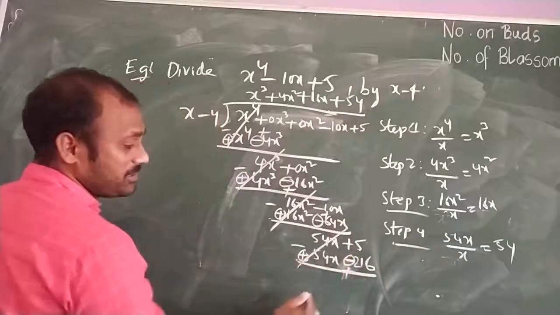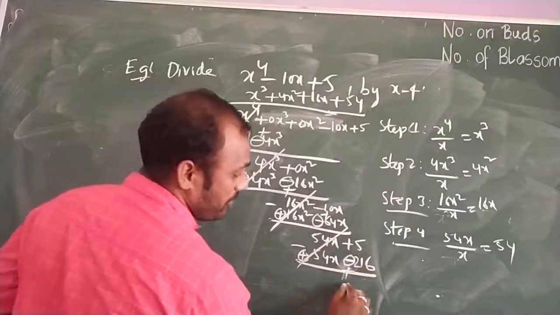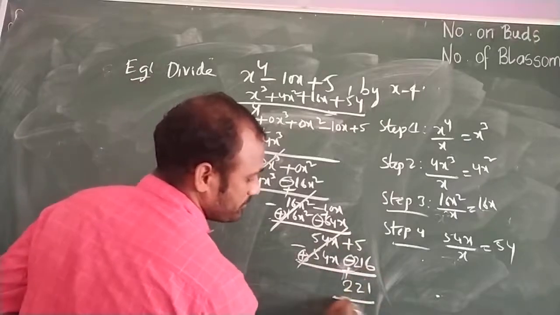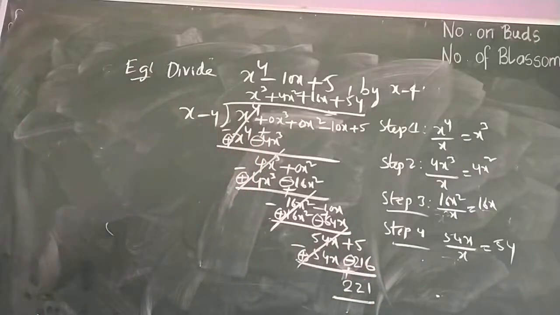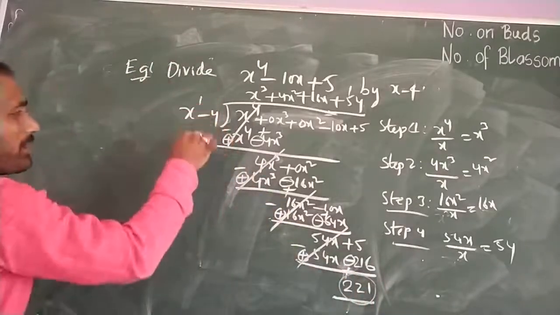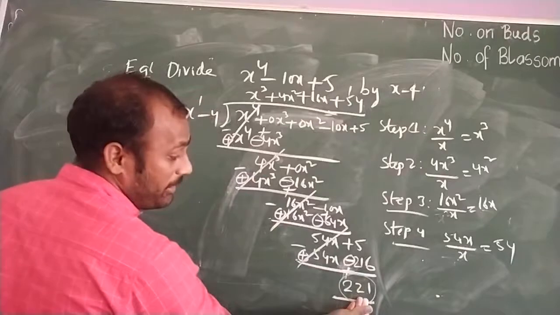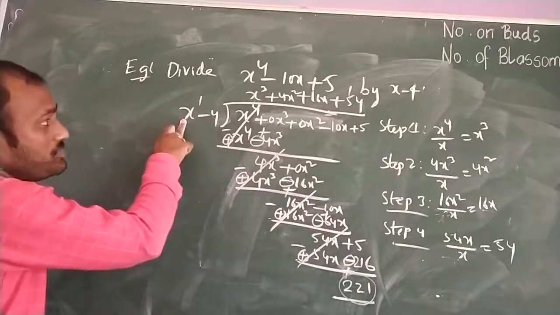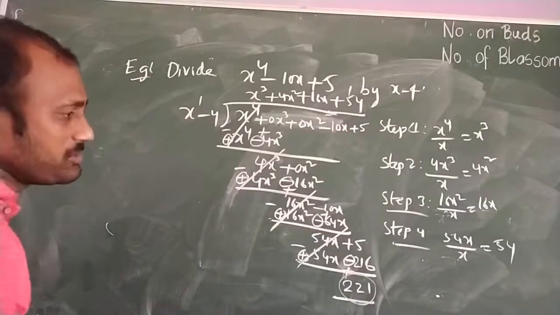This gets cancelled, so 216 plus 5 will be 221. So I can stop the division. Why? Because here I got a constant term and the degree is 1. Since I got a remainder whose degree is less than that of g(x), we can stop the division.